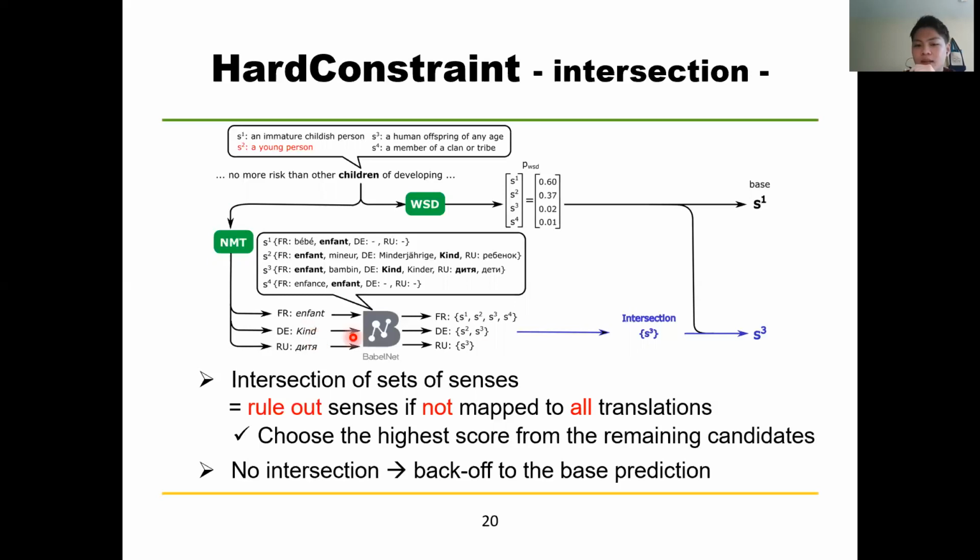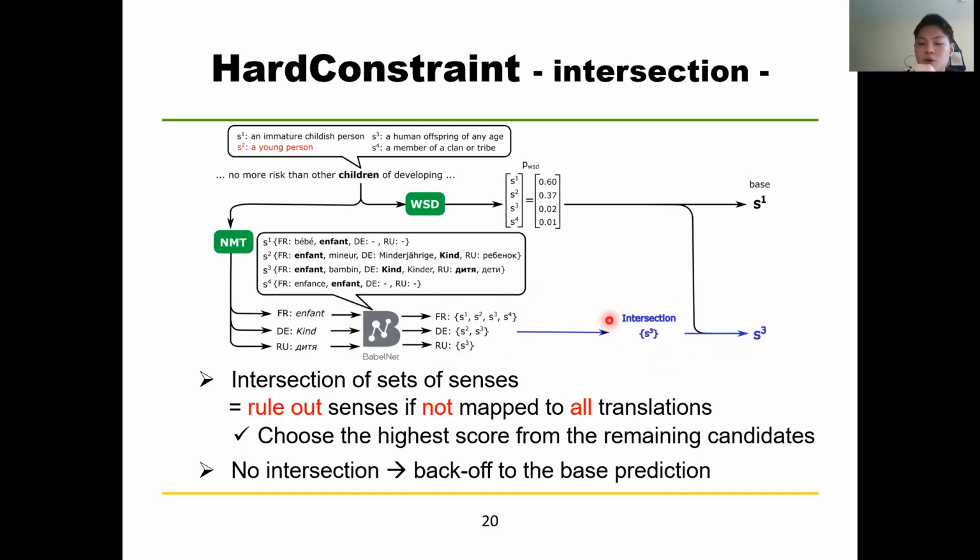As a result, we get the set of senses which are mapped to each translation. In the end, we simply take the intersection of those sets of senses to get the remaining sense candidates. In other words, we rule out senses if they are not mapped to all possible translations.